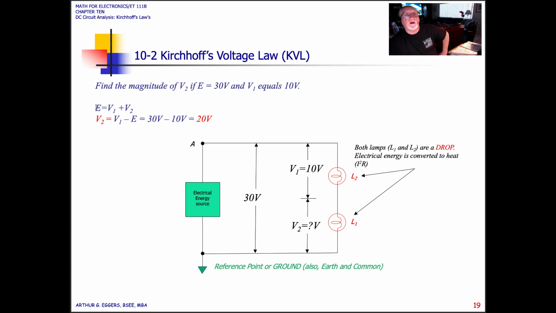Since we know that the EMF has to equal the sum of the drops, rewriting the expression as V2 is equal to the 30 volts or EMF minus voltage 1, we end up with 20 volts for our unknown value.